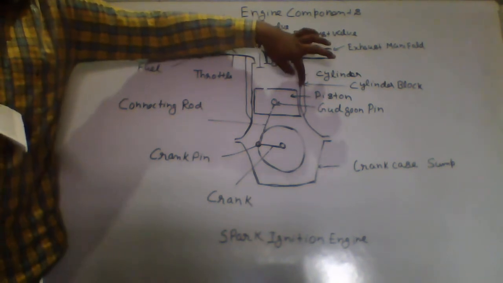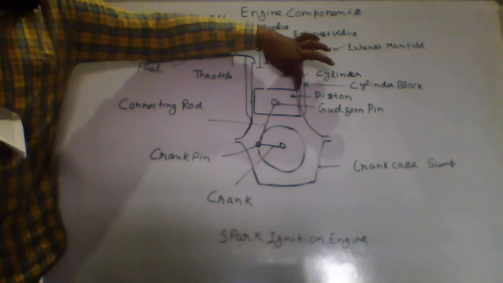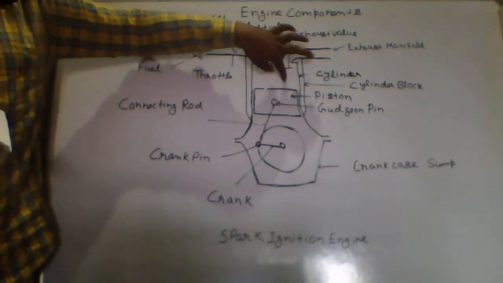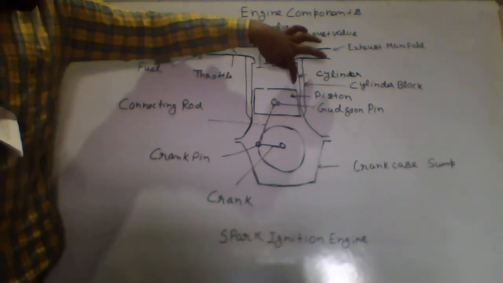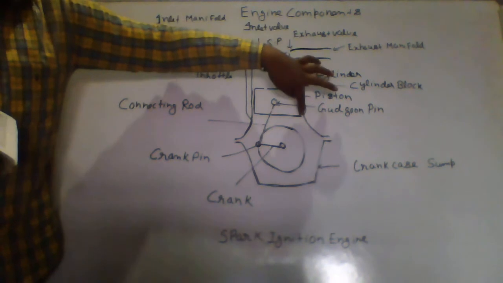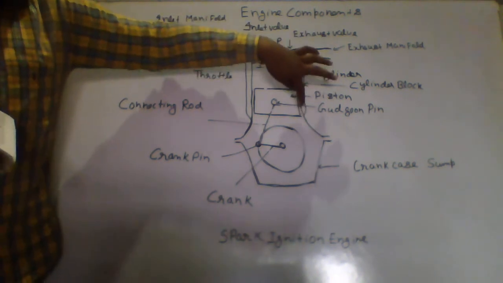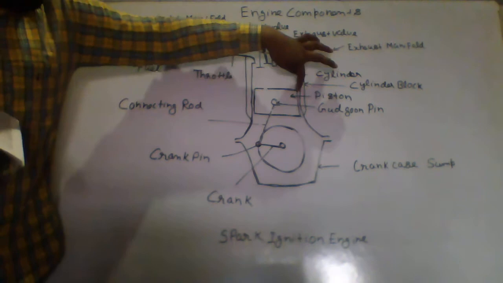To minimize the friction, we use piston rings and lubricating oil. Also, because there are gases inside this cylinder, gases can escape from this space. To avoid the leakage of gases, we use piston rings.